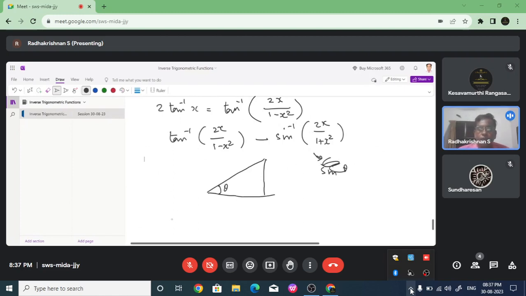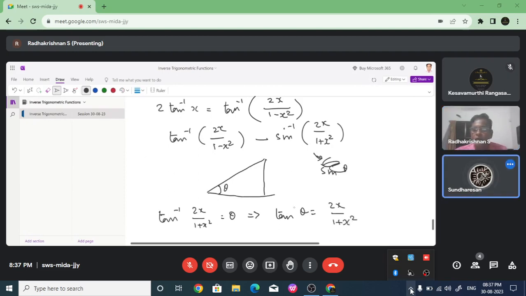Let's say first one, tan inverse of 2x by 1 minus x square equal to theta.